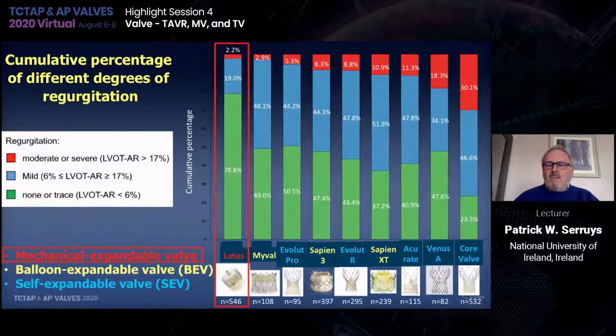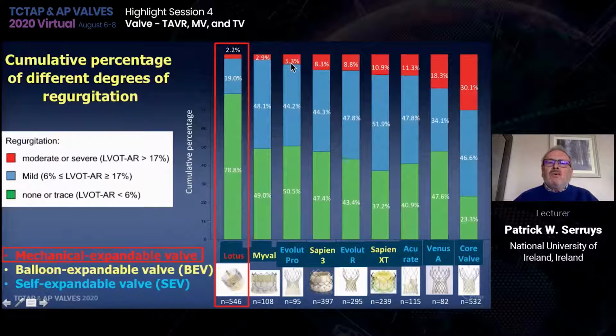So obviously the best one is the mechanically expandable Lotus. Then you have the MyValve, which makes a very good entry in Europe with 2.9 of moderate to severe.